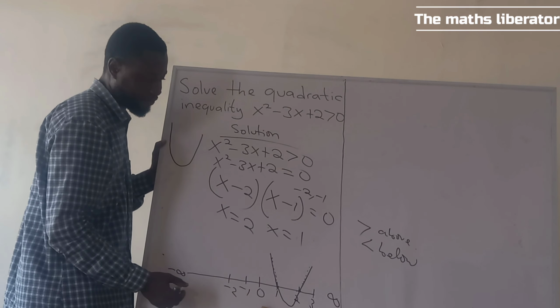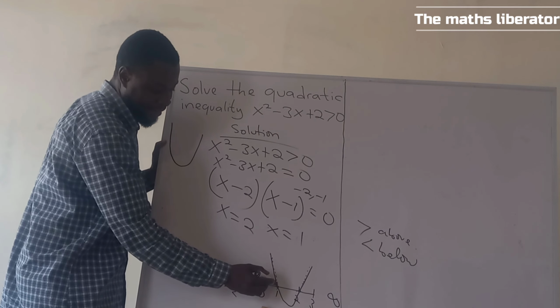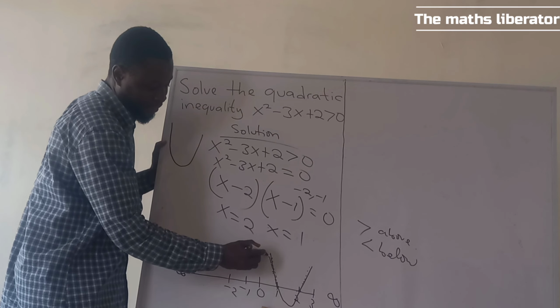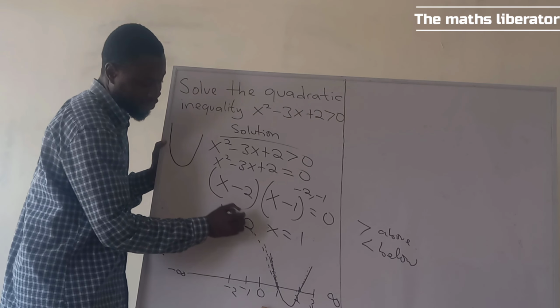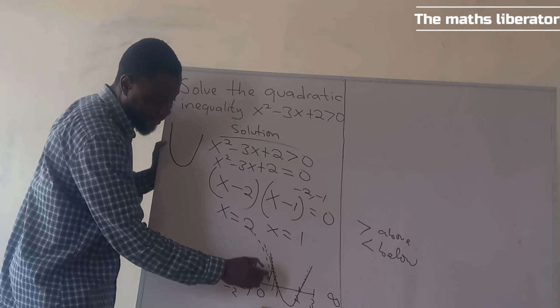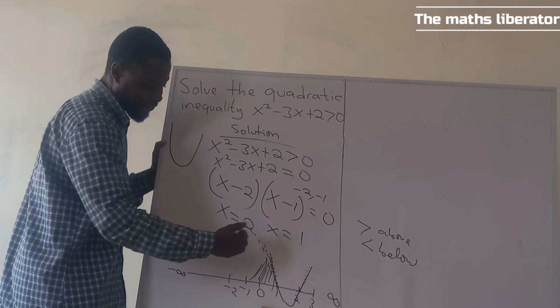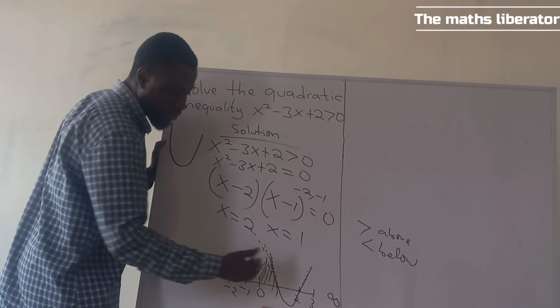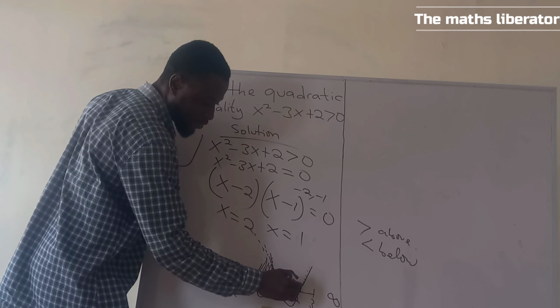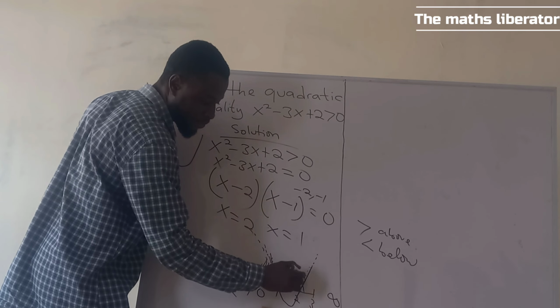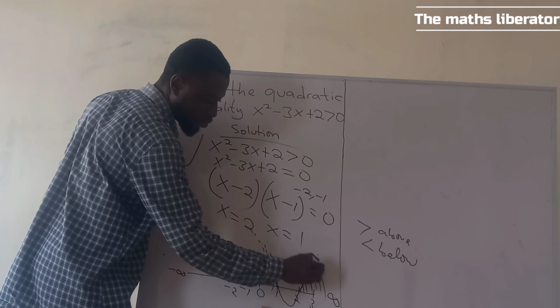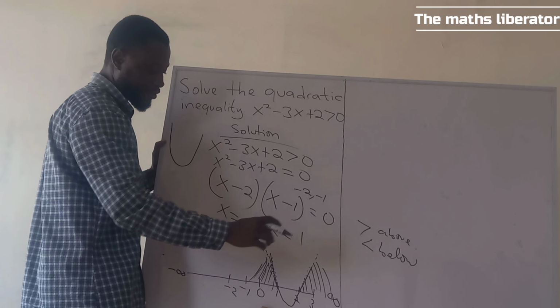What is happening here? You see that this curve is increasing in this direction, moving to negative infinity. When you look at this side also, it is moving this way, to positive infinity. That's good.